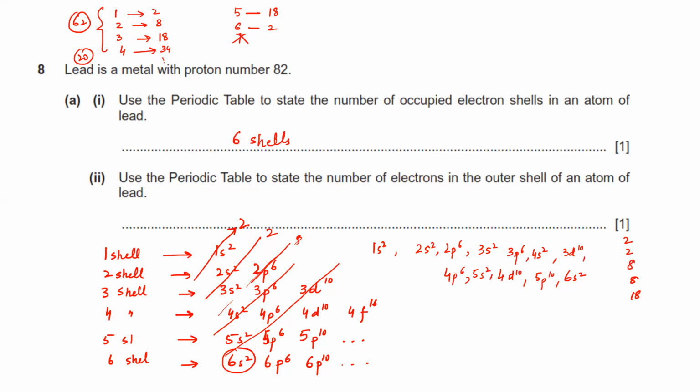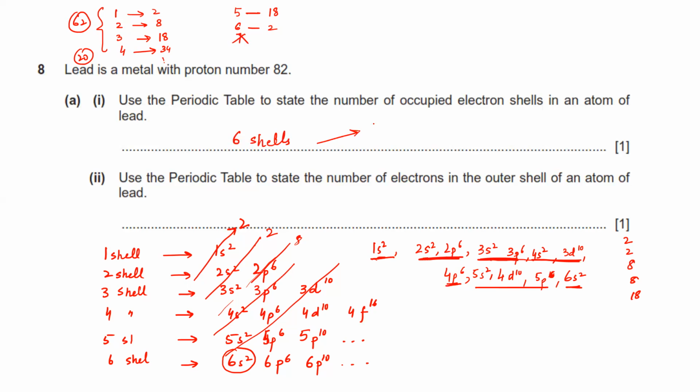If we keep on adding these, we can simply say that the sixth shell will have 2 electrons here. Counting 1, 2, 3, 4, 5, and 6, we have a total of 6 shells.